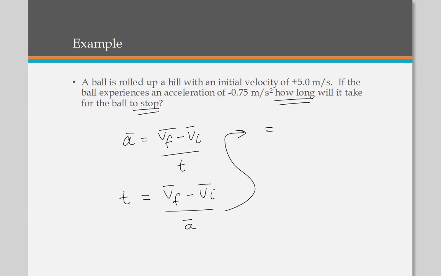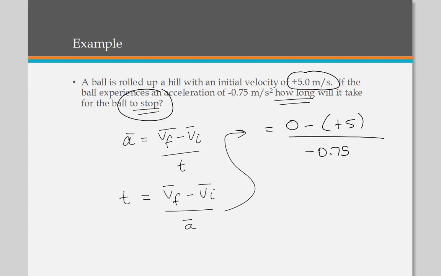Okay, so Vf, that's the final velocity. How long will it take for the ball to stop? So that would be 0 motion when it's stopped. And then subtracting Vi, and Vi is a positive 5. So we're going to subtract a positive 5 all over the acceleration, which is negative 0.75.